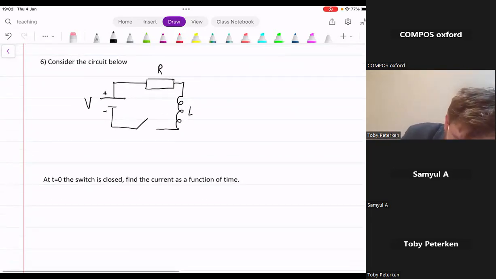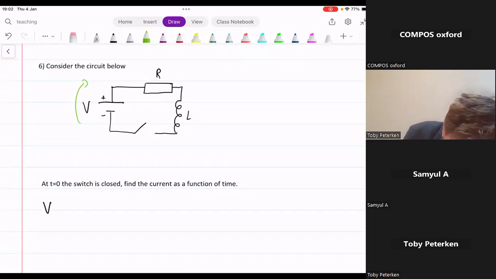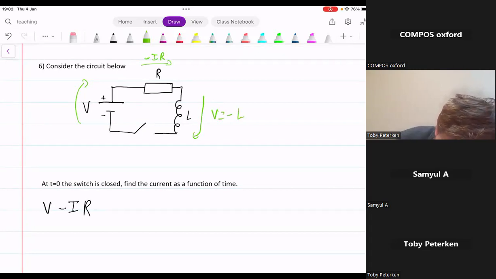So if we go round the loop, we have V. Now the voltage across here drops, so minus IR. And the voltage across here is minus L di by dt.